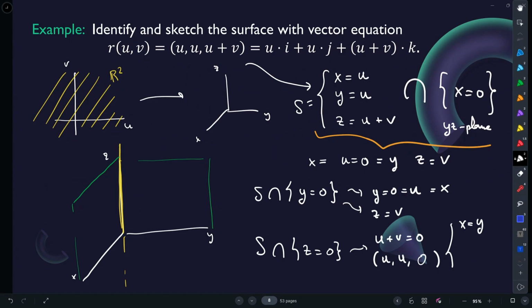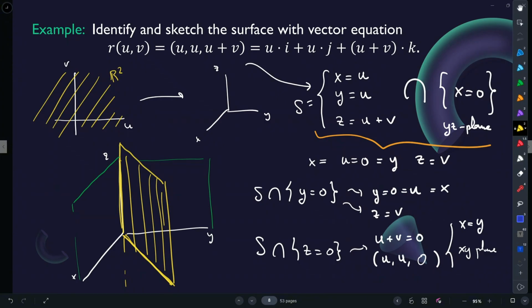So that is the line x equals y in the xy plane. So this intersection is this line here. And now you can see what is happening is that all the points are sort of (x, x, and x plus something else). So I can get any z value as long as I am in the plane that is here.